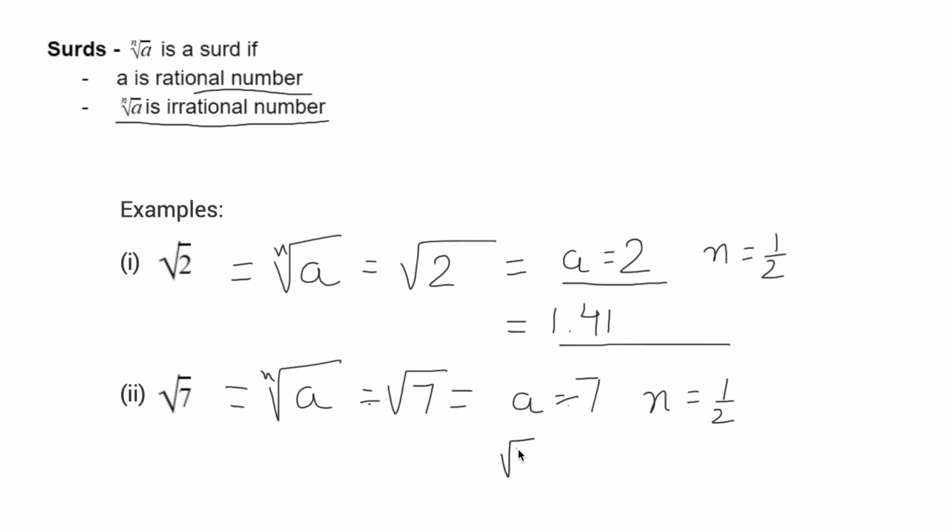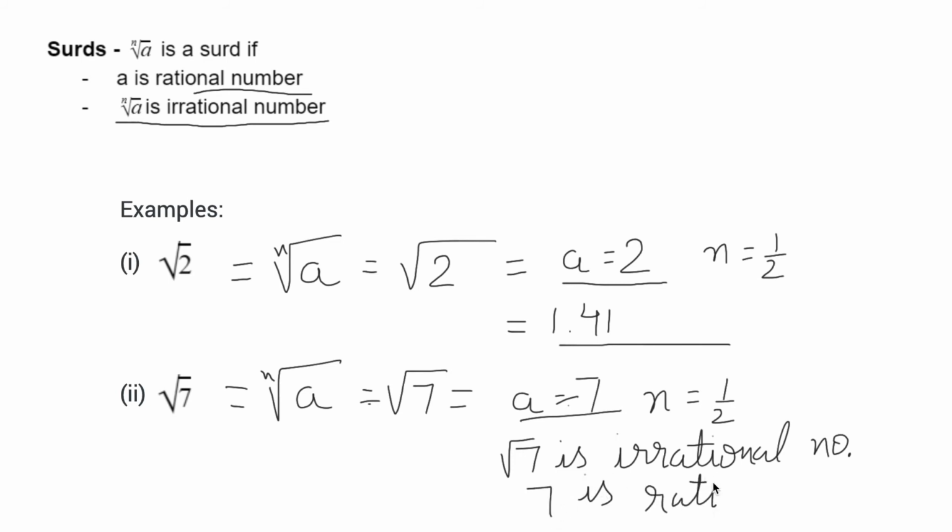So that means my root 7 is an irrational number, and my a, which is nothing but 7, is a rational number. So again, my whole number is irrational, but a, which is under the root, is rational. So root 7 is also a surd.